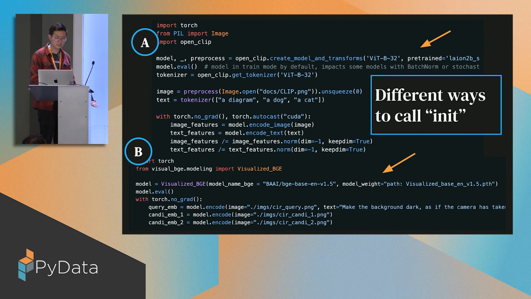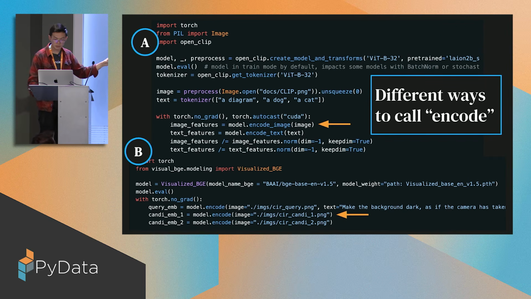And inputs aside, models can also be a source of variance. We want to load the right model in the intended way. In this example, we see OpenCLIP and Visual BGE. These are loaded in different ways, with different parameters, with different libraries. So we can't just pass the same parameters to both models and call it a day.